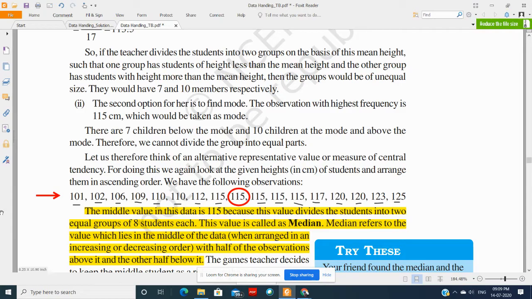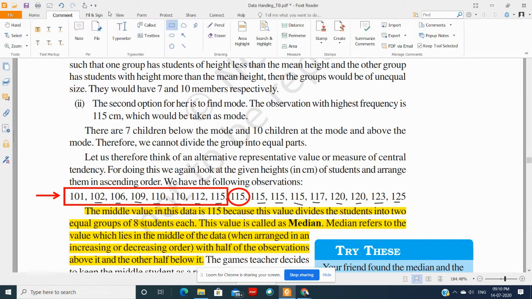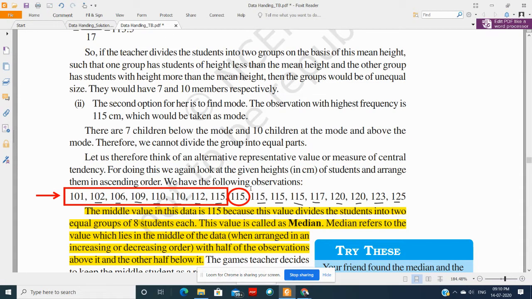This 115 is the median, means if you notice, the data on this side has an equal number, and this side also has an equal number. Let me draw it. So on both sides they have an equal number of data.